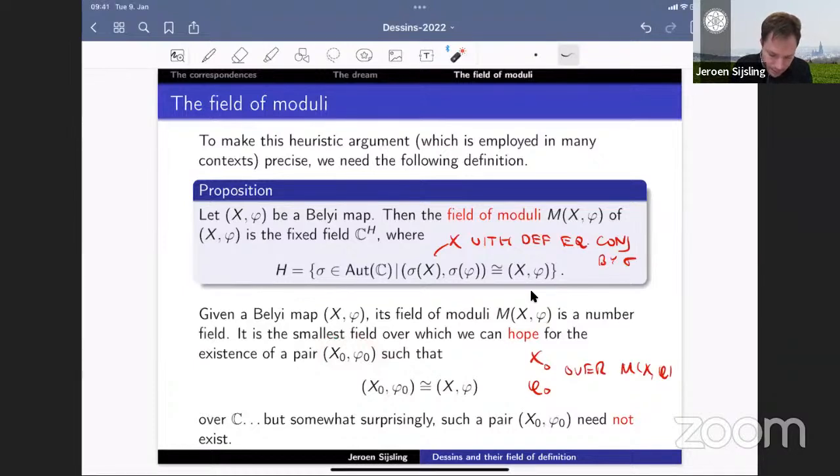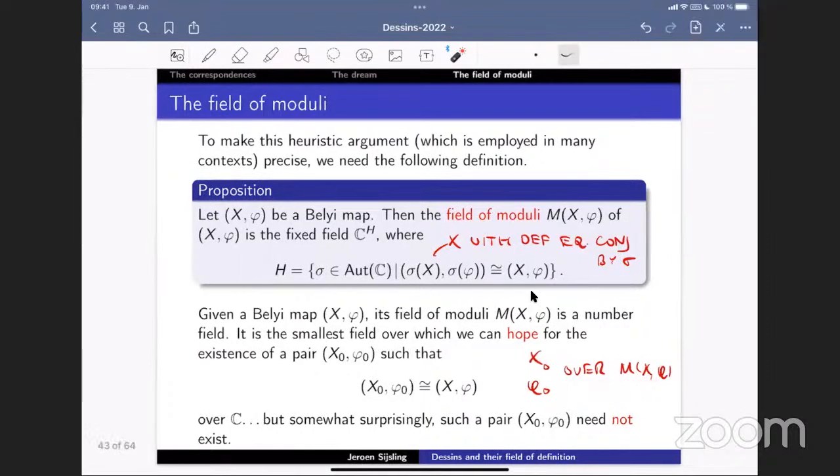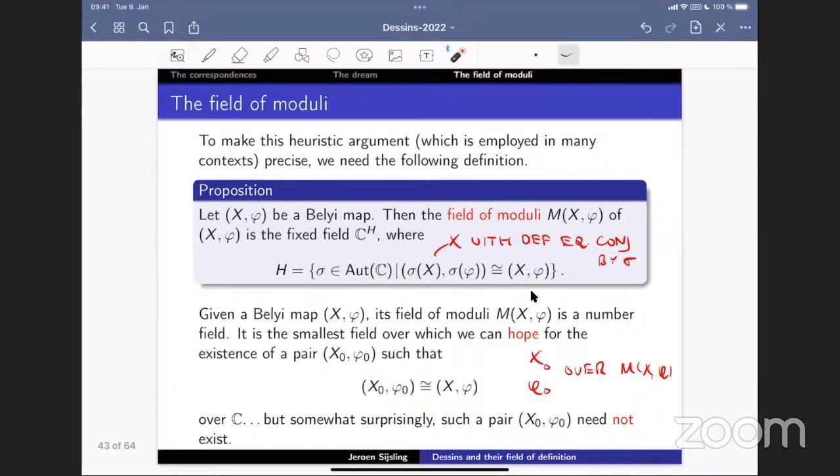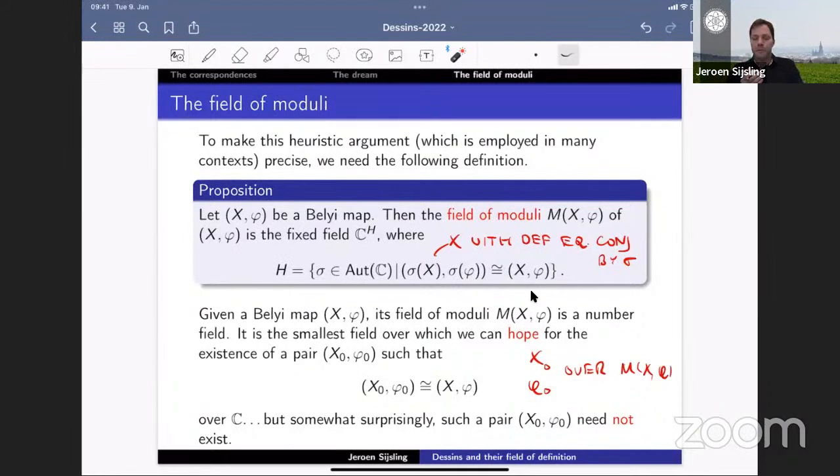I'm looking here at the fixed field of this. My claim is, suppose I have x0, phi 0 over m x phi. Then if I now take sigma x0 and sigma phi 0, they will just be the same, really the same, not even isomorphic, just the same.